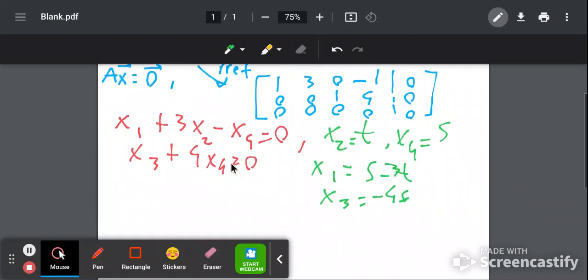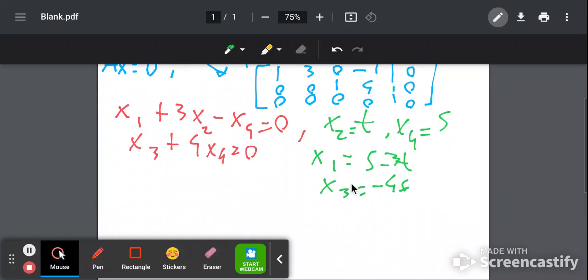Now, how can we better write this? If we write it in vector form, the vector x can be written as t times a column vector.